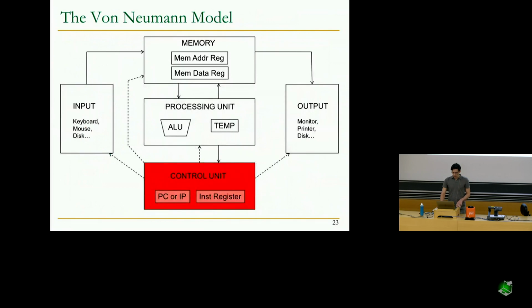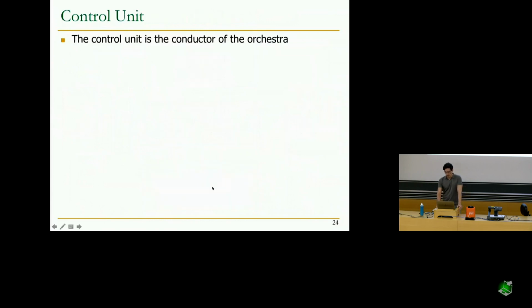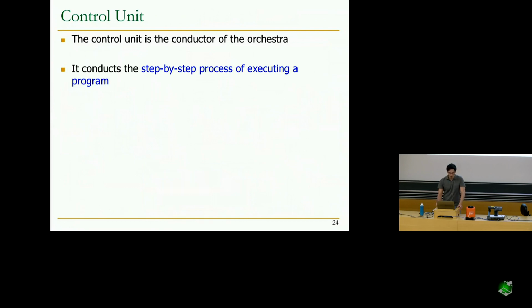And now, let's talk about the control unit. As I said in the beginning, this is the conductor of the orchestra. It's like the brain in the computer, and it's the component that is going to take care of the correct execution of instructions, the step-by-step process of executing a program.